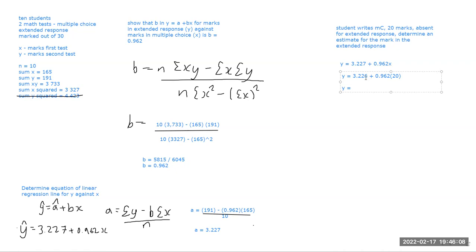Yeah, don't change it from 0.22. It wouldn't affect it by much, but yeah.